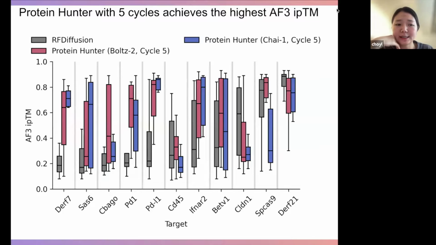My assumption is that since the model is fine-tuned on bad structures, it hallucinates less than the others. So we ended up using these two different models for our design pipelines, but we are trying to expand into other AlphaFold 3-style models such as RoseTTAFold and Protenix.